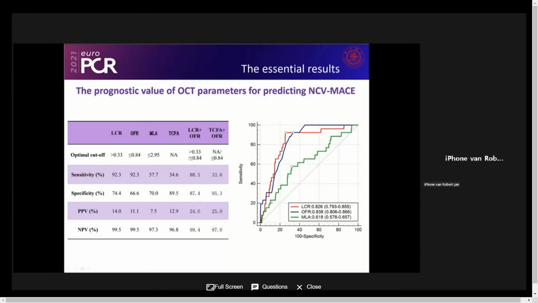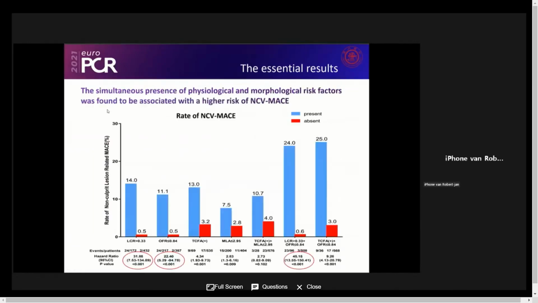And this is looking not only at FFR comparison, but at MACE events, non-culprit MACE events. You know that from several different early studies. How can we predict these other lesions? We cannot just do FFR, but we can also do OCT of your non-culprit lesions, to try to predict if they are going to be a problem.